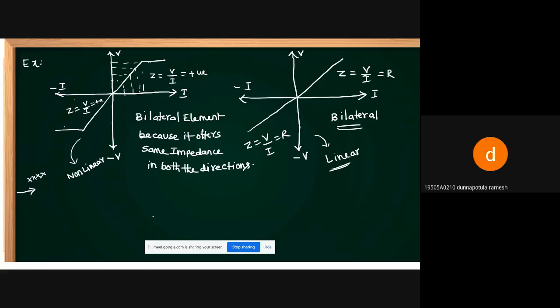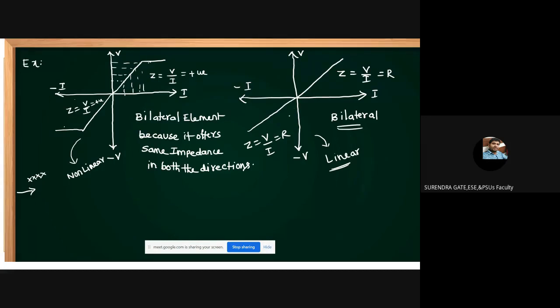Linear. Yes. One statement here: all linear elements are bilateral elements. But vice versa may not be true. All linear elements are bilateral elements, but all bilateral elements may not be linear elements. Example is this one.